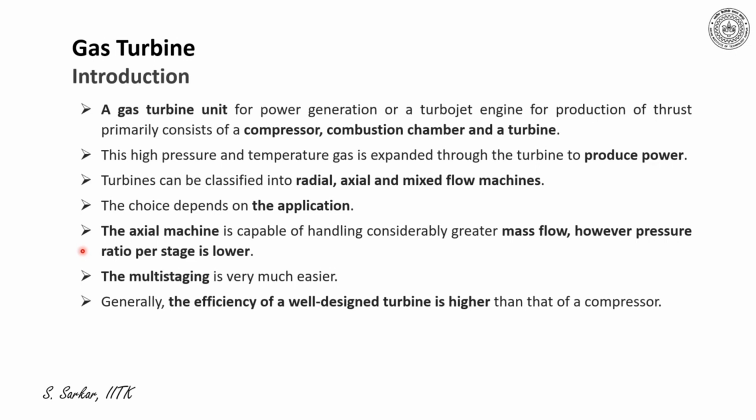However, pressure ratio per stage is lower than the radial flow machines. However, multi-staging is much easier here as compared to the radial flow turbine. The efficiency of a well-designed turbine is generally higher than that of a compressor.